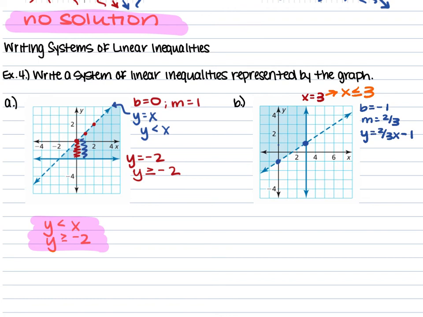For that diagonal line, my shading is above that line, so y is greater than. It's also a dashed line, so it's going to stay greater than 2/3 x minus 1. So to put this all together, I have x is less than or equal to 3, and y is greater than 2/3 x minus 1.